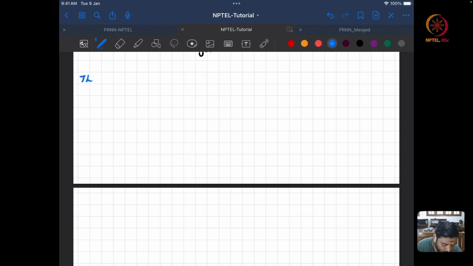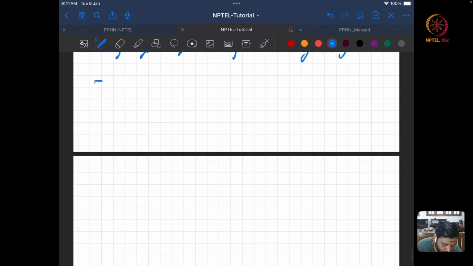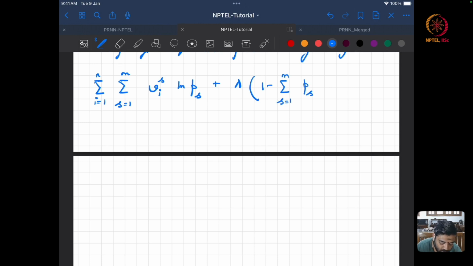Okay. So now the Lagrangian for this problem is given by the summation i equals 1 to n, summation s equals 1 to m, just to indicate that these are dummy variables, Vis ln of Ps, plus Lagrange multiplier lambda times 1 minus the constraint that we have, the summation s equals 1 to m of Ps.